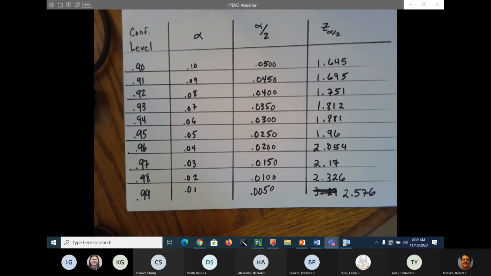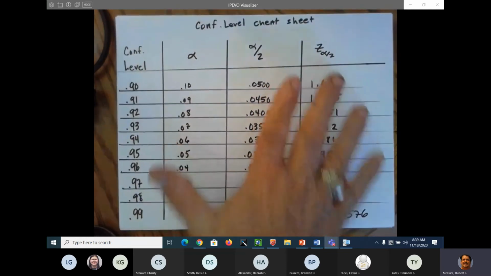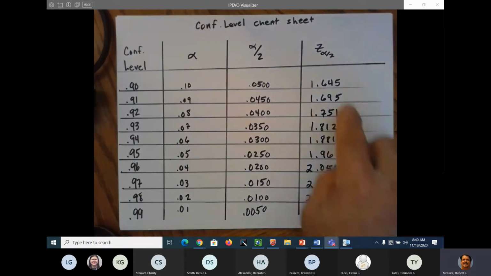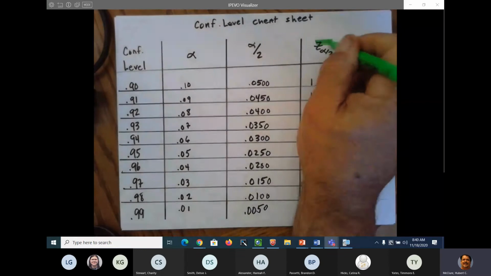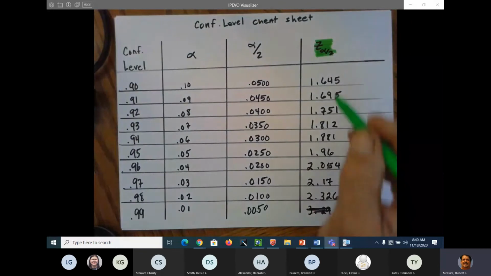Okay? So this is helpful doing your homework and on the test for chapter 9 because they're going to ask you for this guy right here. I'm going to highlight him green because that's who they're going to ask for to plug into the formula. This column right here is what you want.